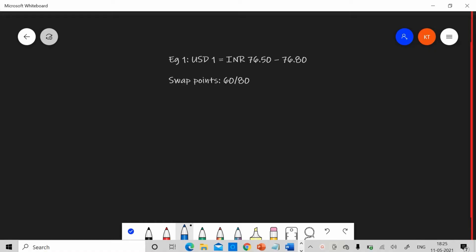So we have the spot rate as 1 USD equals INR 76.5 and 76.8, and we have swap points of 60 to 80. So what we do is write it like this: $1 equals. For swap points we start from the last decimal and go in reverse order. Always note that swap points are given in the same order as for bid and ask. Whether to add them or deduct them, I'll tell you later, and assume that you have to add them.